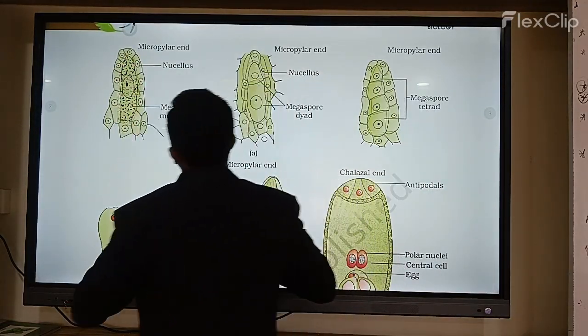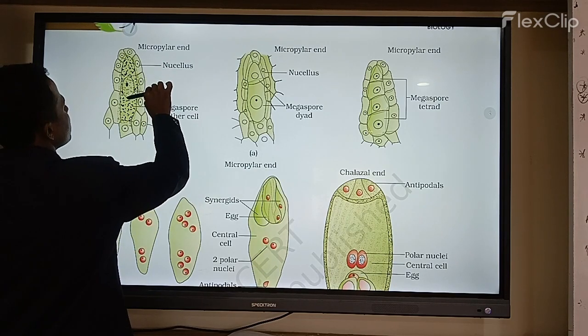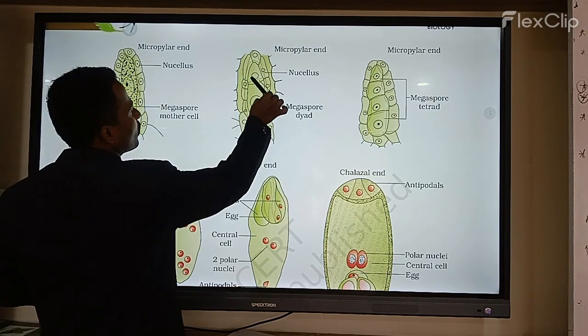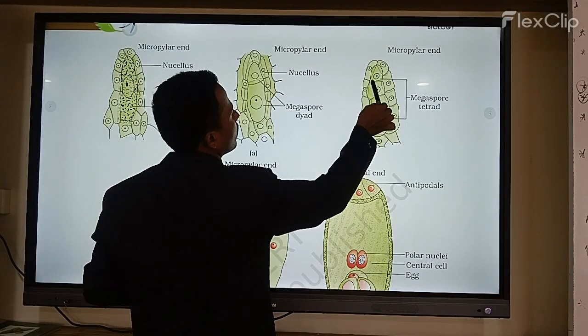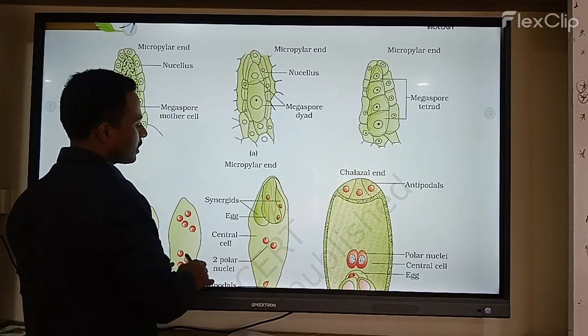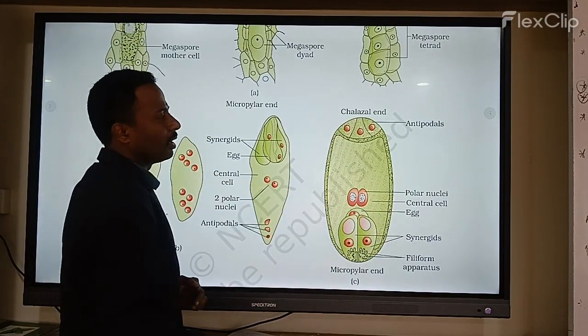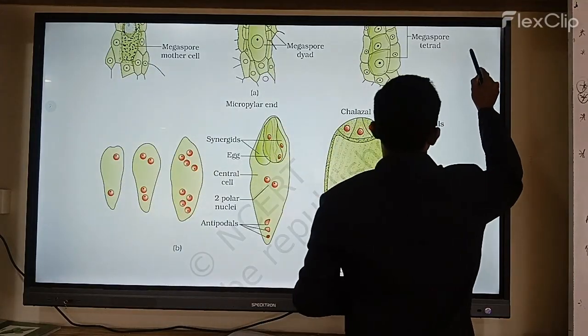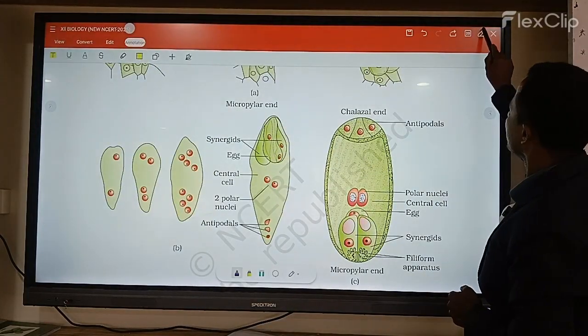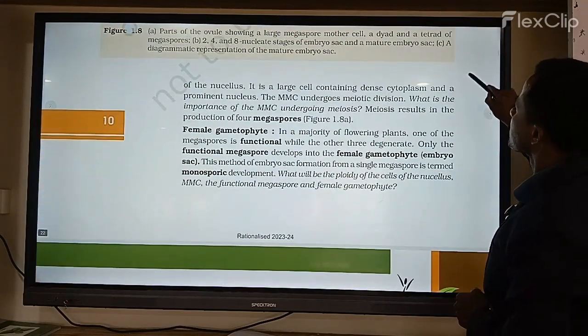Inside, the megaspore mother cell is present. From it, two cells develop, then four cells, and then eight cells, after which a mature embryo sac is formed. Now let us see the structure of the embryo sac clearly.